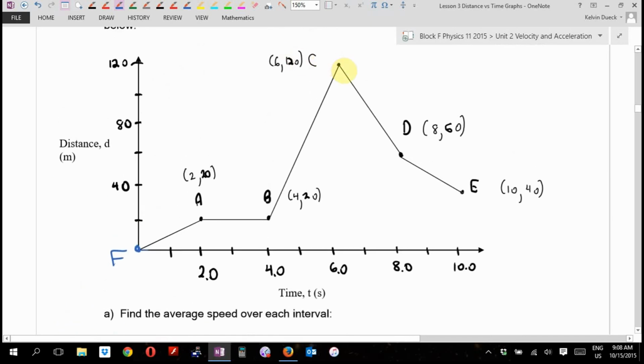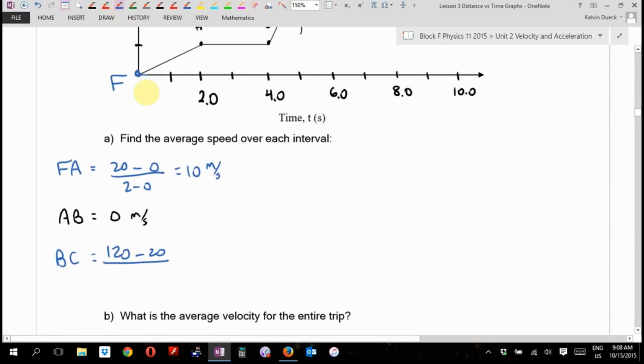Well, what's the x-coordinate of point C? 6. What's the x-coordinate of point D? 4. So I think the bottom part is going to be 6 take away 4. I think I can do that one in my head as well, but if you need a calculator, you can. But isn't it going to be 100 divided by 2? Which all of us hopefully know is 50.